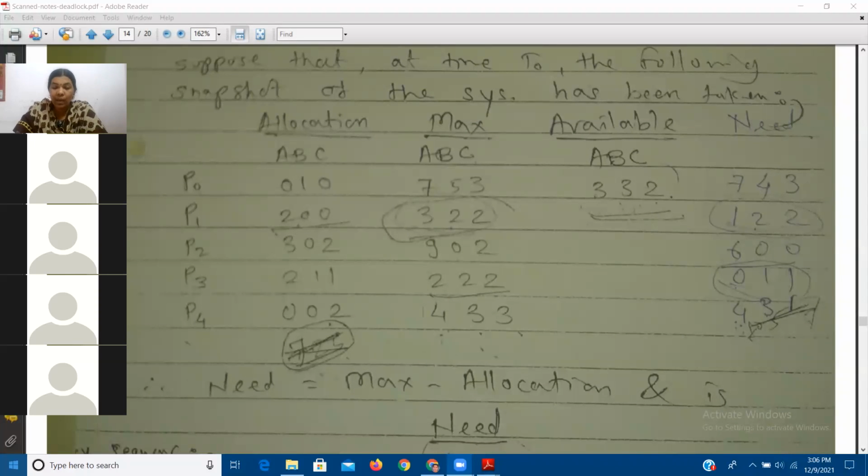So my work becomes now 5, 2, 1, and I have allocated 0, 1, 1 to process P3.